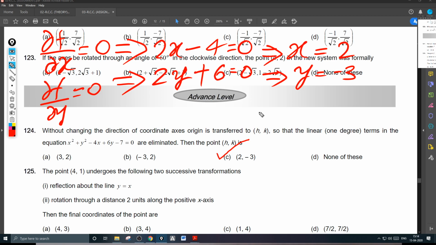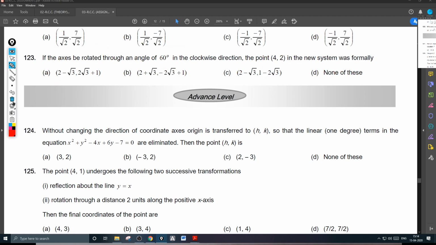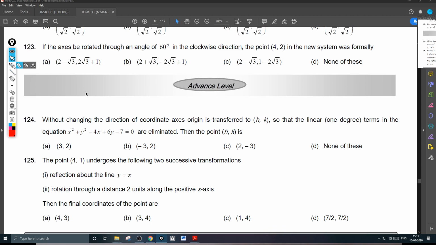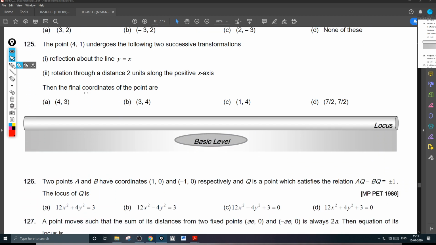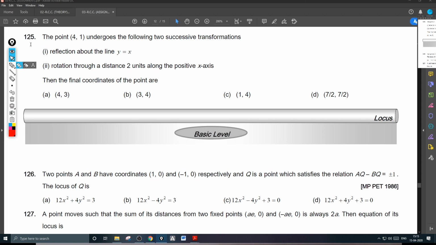Now, let me move on to the next question. This question I am discussing.